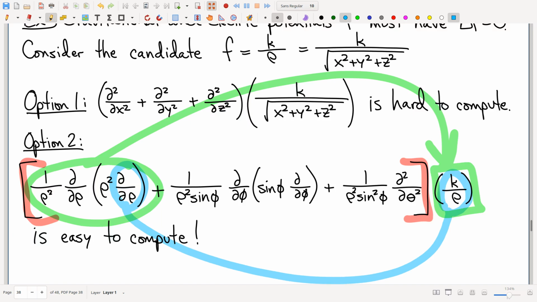The rho partial of 1 over rho is negative 1 over rho squared. So I'm going to have a constant over rho squared. That means that when I multiply by rho squared, altogether this is a constant. It's rho squared times constant over rho squared, leaving just a constant.